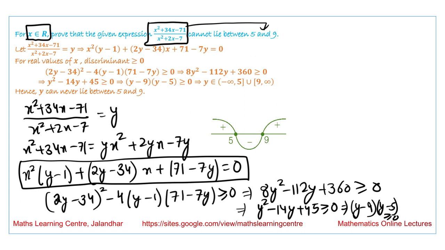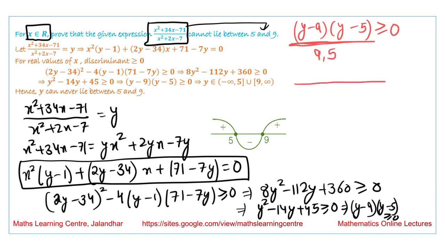So we are talking about the values of y which satisfy (y minus 9) into (y minus 5) greater than or equal to 0. Clearly, the critical points are 9 and 5, and the degree of both is 1. This is the point 5 and this is the point 9. If we start our line from here, y is positive, then negative, then positive. We are talking about these two portions.